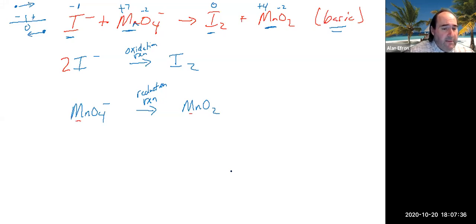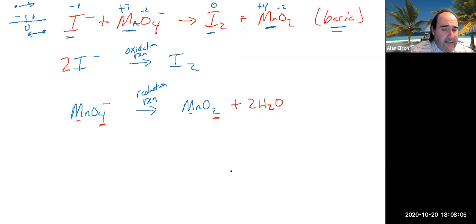Now that we've balanced the iodine, the next thing we want to do is look at oxygen. Since the first half reaction has no oxygen, you don't have to worry about it. In the second half reaction, we have 4 oxygens on the left, 2 on the right. Remember, to balance the oxygen, we add water. So the right-hand side should get 2 waters, which gives us the correct number of oxygens on the right.